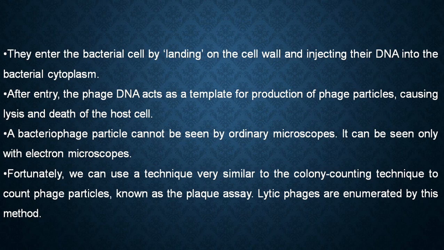After entry, the phage DNA acts as a template for production of phage particles, causing lysis and death of the host cells. Bacteriophage particles cannot be seen by an ordinary microscope. They can be seen only with an electron microscope.